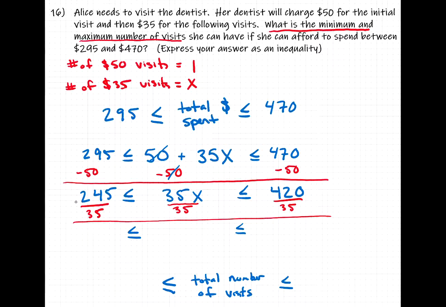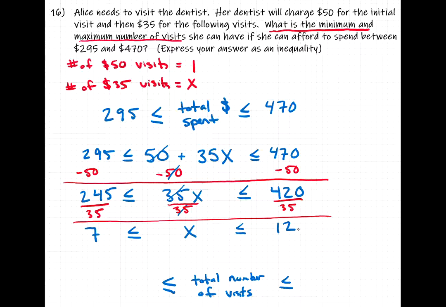So, on the left, 245 divided by 35 will give us 7. The times 35 and the divide by 35 cancel, so we have X in the middle. And 420 divided by 35 will give us 12.